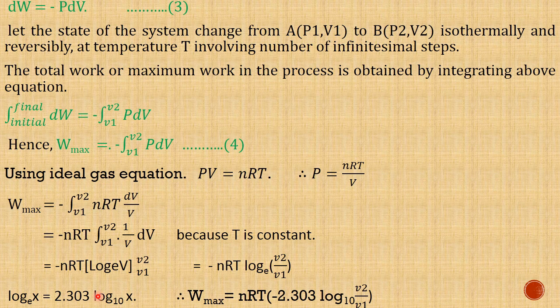Now a new formula comes: log to the base e of x is nothing but 2.303 log to the base 10 of x. So W max is equal to minus nRT, rewriting this equation, and log e means 2.303 log to the base 10 of V2 upon V1.